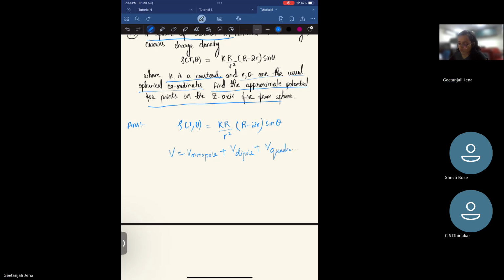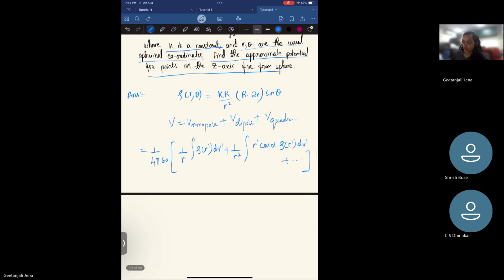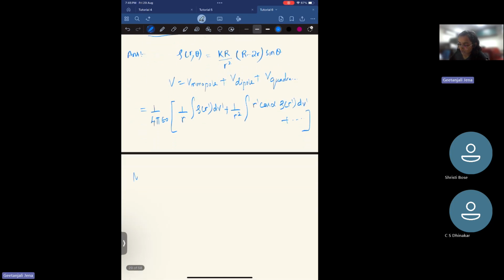In integration notation, we have 1 by 4 pi epsilon naught, 1 by r times integral of rho of r prime dv prime, plus 1 by r square times integral of r prime cos alpha rho of r prime dv prime, and the higher order terms. So let us check one by one.